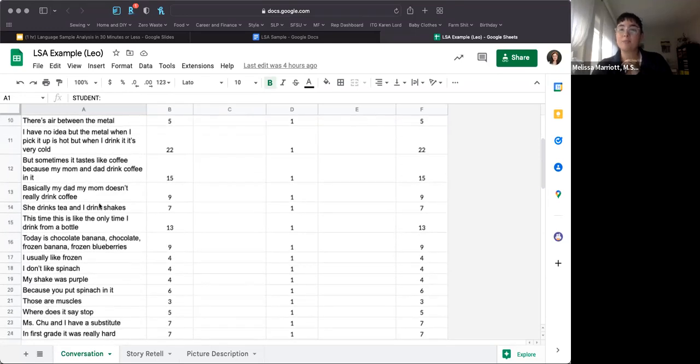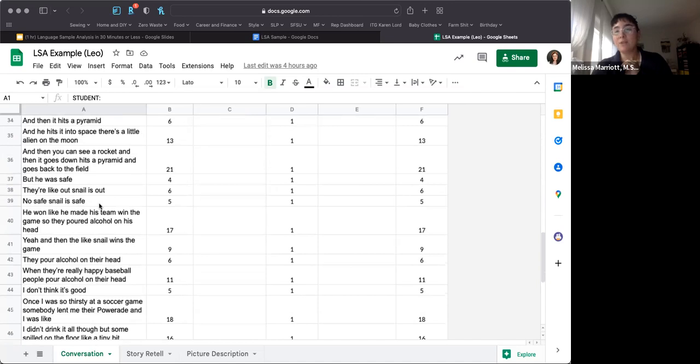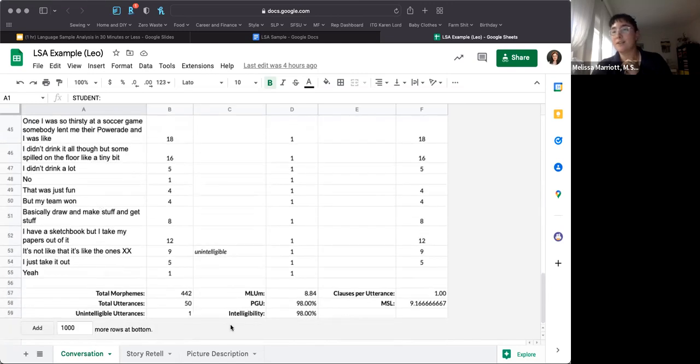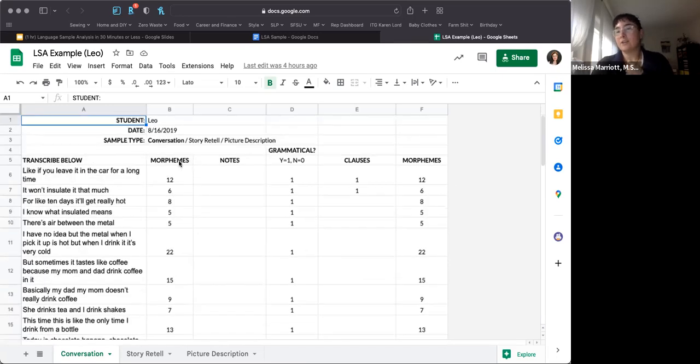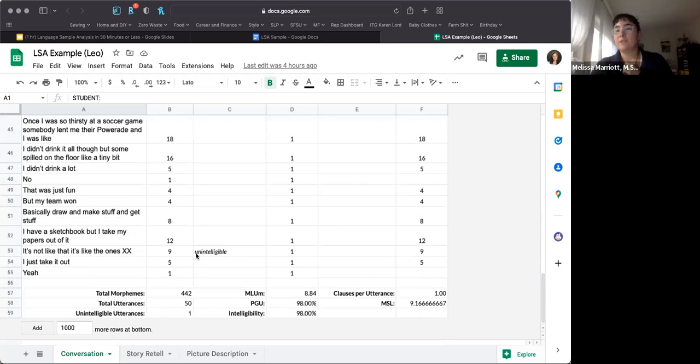So this is all the same information. And what's great about this is that all of these are set up to auto calculate for me. So I don't have to calculate how many morphemes are in a sentence. I don't have to calculate what the MLU is, all of that kind of stuff.